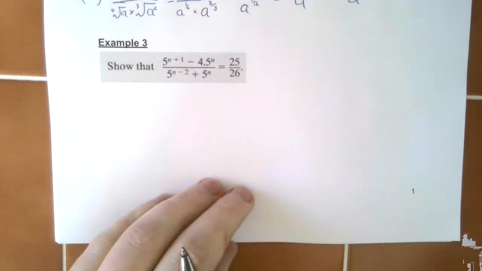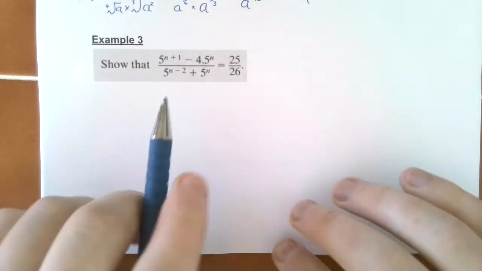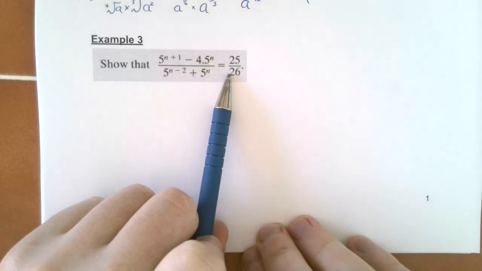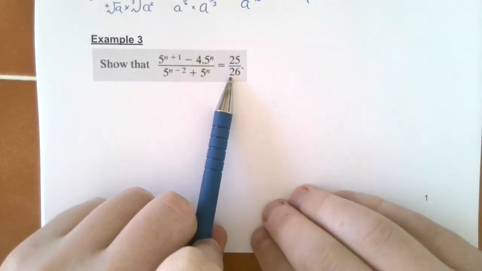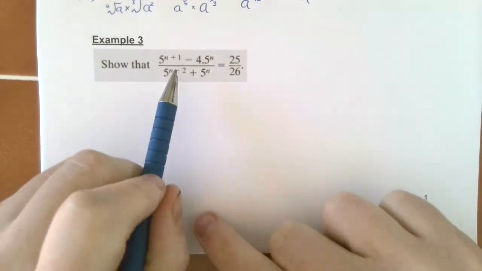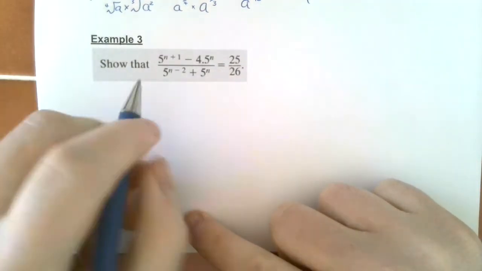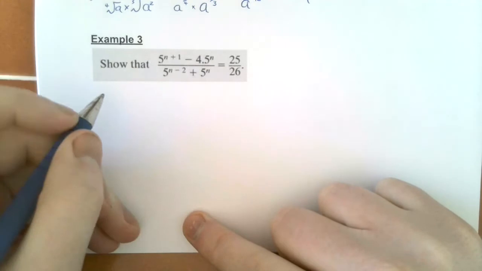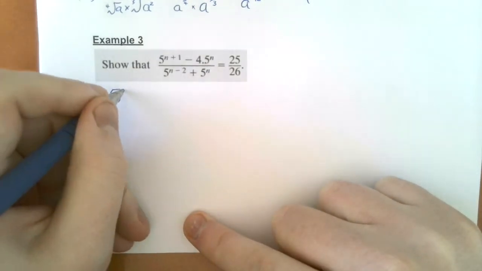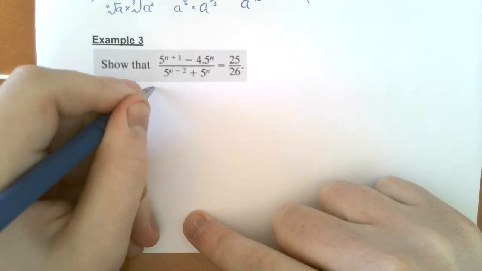Okay, looking at example 3, we need to try to show that the left-hand side here is equal to the right-hand side. Now in order to be able to show that, we need to break it all down. Okay, we're going to work on each part individually. The left-hand side first of all. We're going to try to simplify this bit here. Now we're going to go backwards. Instead of writing it as 5 to the power of n plus 1, we can write it as 5 to the power of n by 5 to the power of 1.